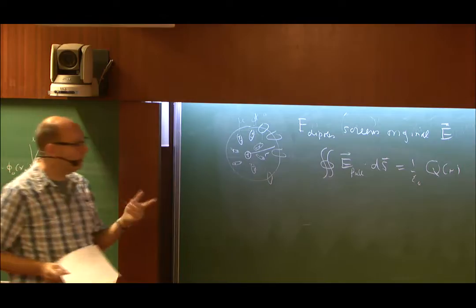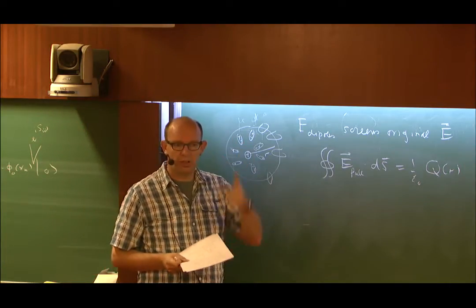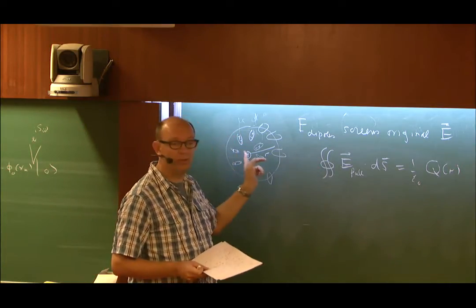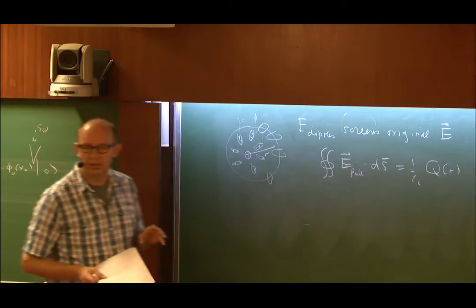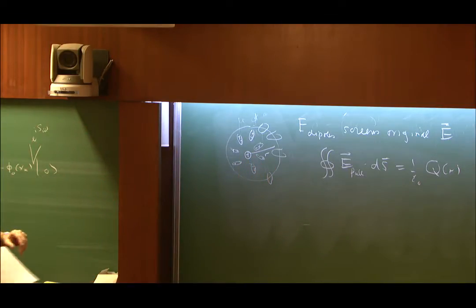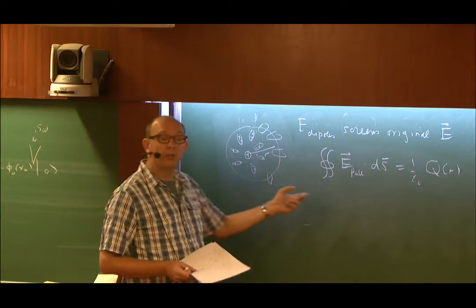The extra weakening, because it was critical, 1 over r squared, a bit of weakening of the field will offset the r cancellation. So you will get an r dependence.